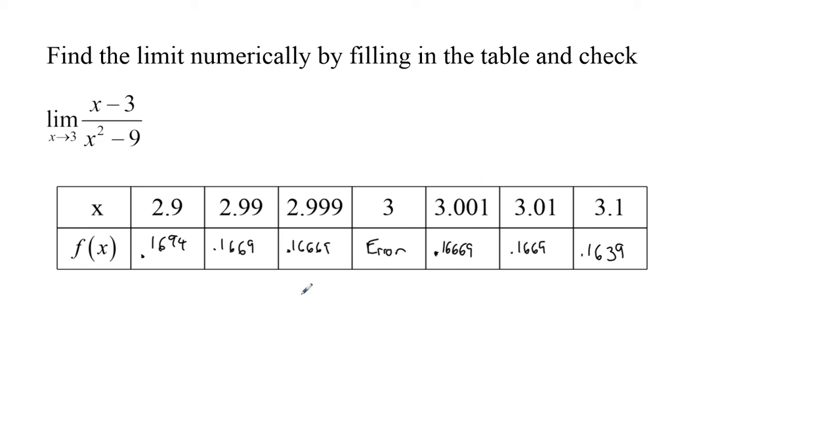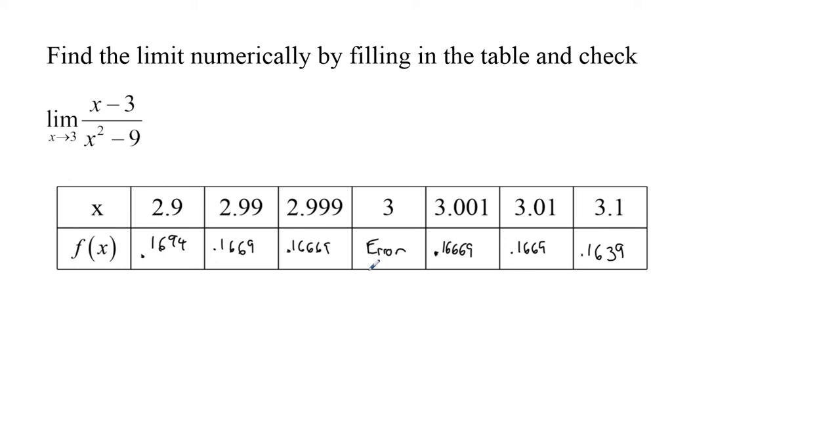Anyway, so it looks like we're getting pretty close to 0.1667. And again, I don't like saying that if we get 1/1000th, tens, hundreds of thousands of a unit away, that gives us a definite value.